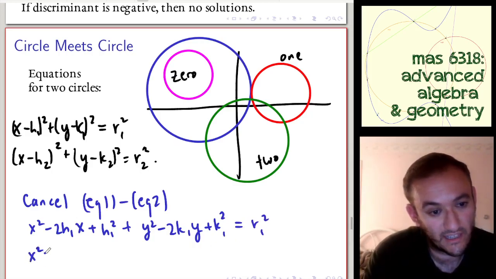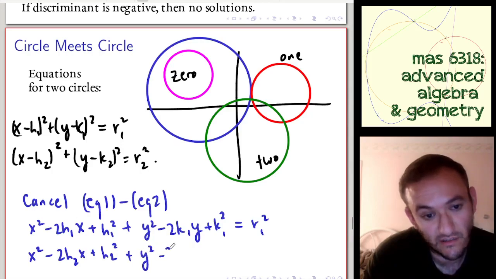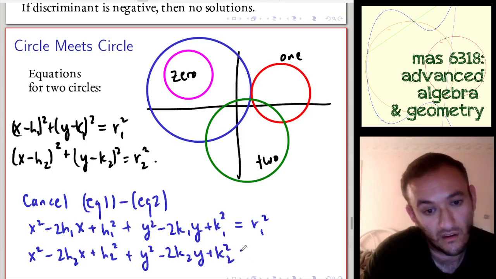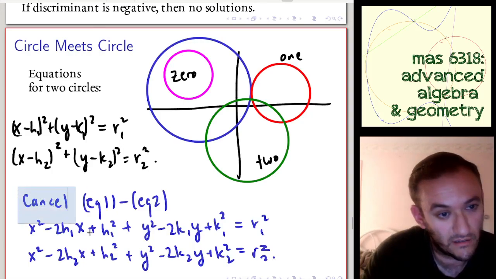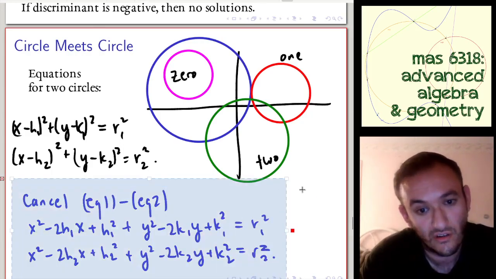And we're subtracting this one, minus 2h2x plus h2 squared plus y squared minus 2k2y plus k2 squared equals r2 squared. Okay, and let's bring this to the next page.